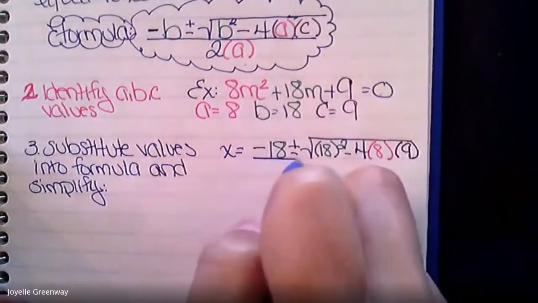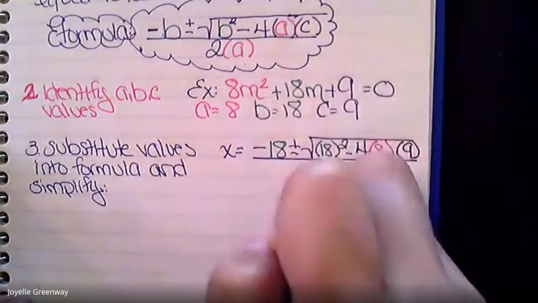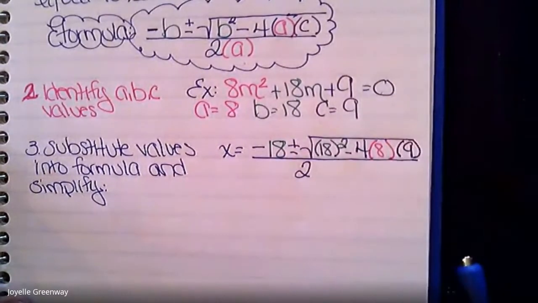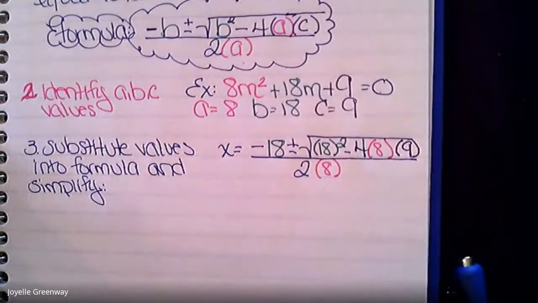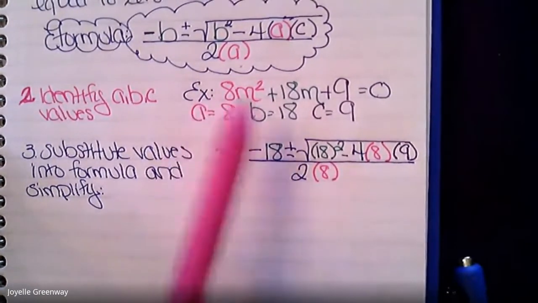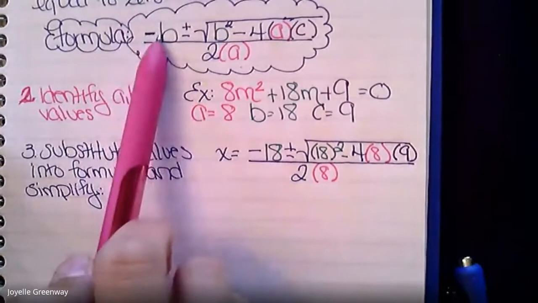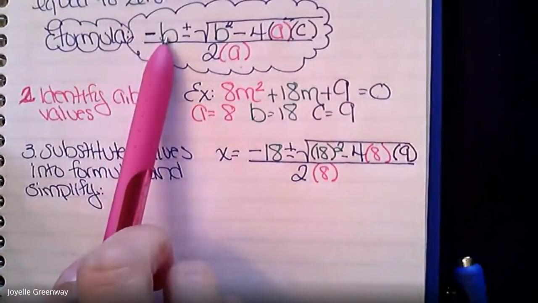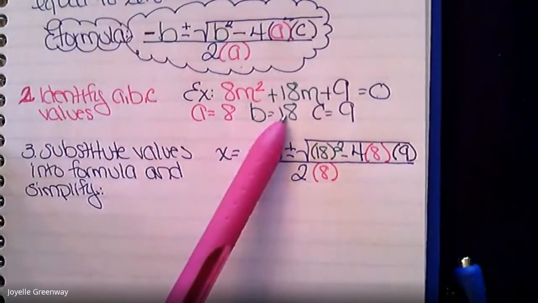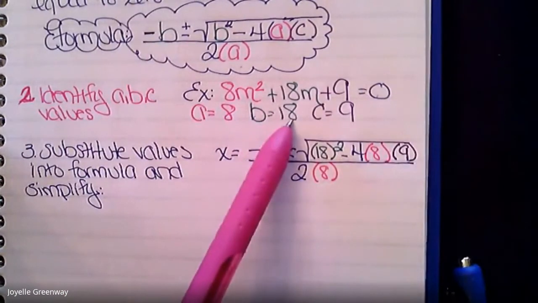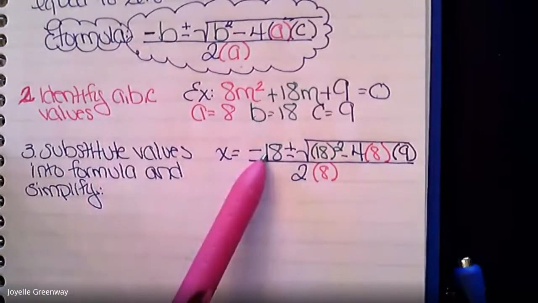And this is another area, over 2 times A, which is 8. Okay? So this is the first area where students make mistakes, especially if the B value is negative, which we will get to in a future example. So that's the first area.